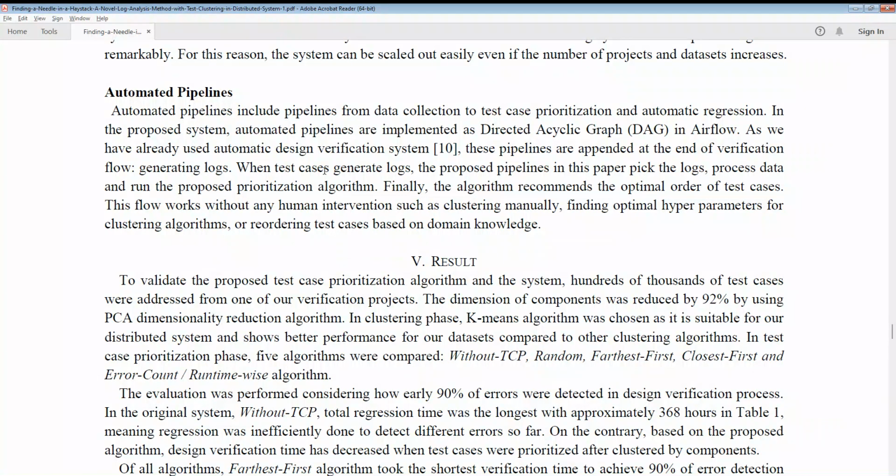When test cases generate logs, the proposed pipelines in this paper pick up the logs, process the data, and run the proposed prioritization algorithm. Finally, the algorithm recommends the optimal order of test cases. This flow works without any human intervention such as clustering manually, finding optimal parameters for clustering algorithms, or reordering test cases based on domain knowledge.